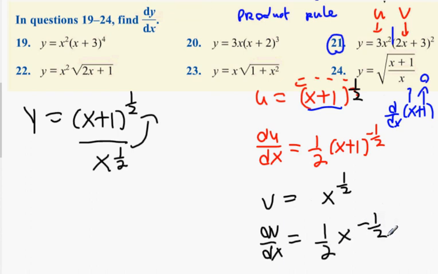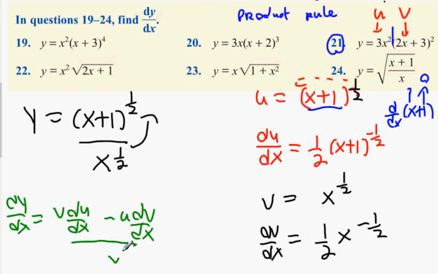We're going to do the quotient rule. The quotient rule is dy dx equals v times du dx minus u times dv dx, all over v squared. Now it's our job to input everything in and see what we can do.